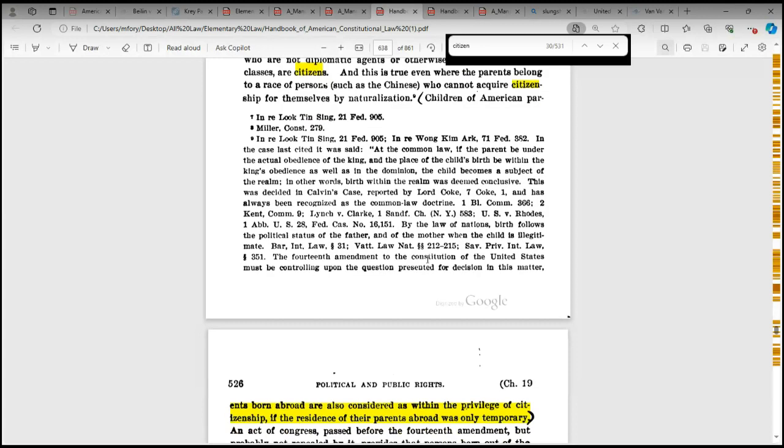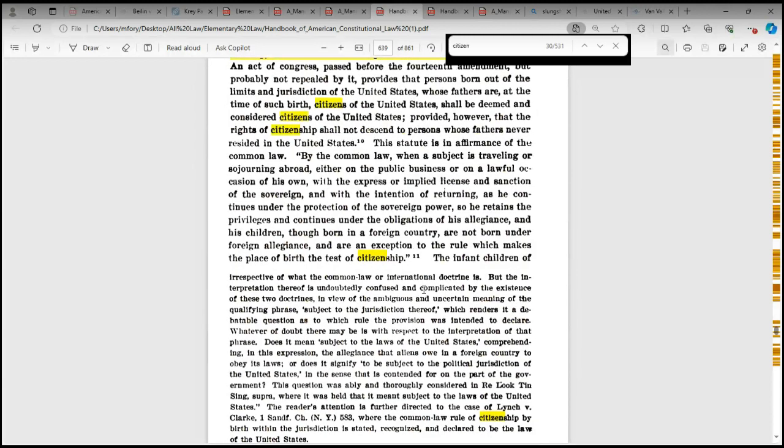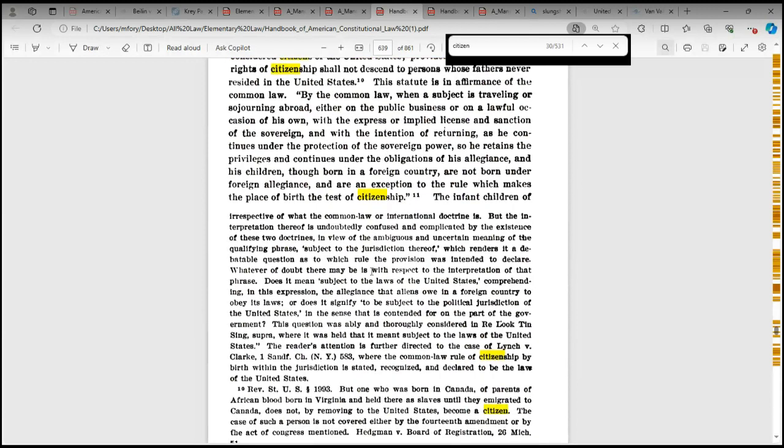The 14th Amendment to the Constitution of the United States must be controlling upon the question presented for decision in this matter, irrespective of what the common law or international doctrine is. But interpretation thereof is undoubtedly confused and complicated by the existence of these two doctrines. In view of the ambiguous and uncertain meaning of the qualifying phrase, subject to the jurisdiction thereof, which renders it a debatable question as to which rule the provision was intended to declare.